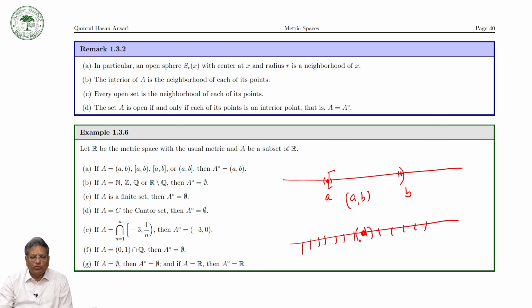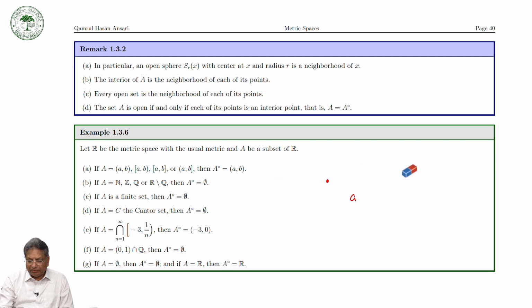You cannot find any open ball, because there are many other points, because this is a subset of R. Therefore the interior of the set of integers, natural numbers, rational numbers, irrational numbers is equal to the empty set.